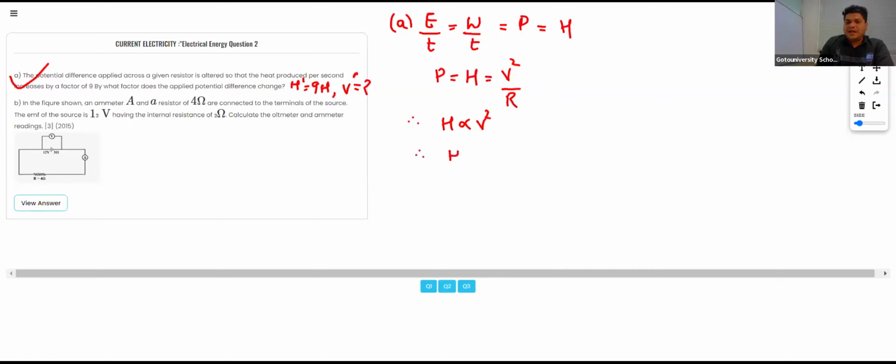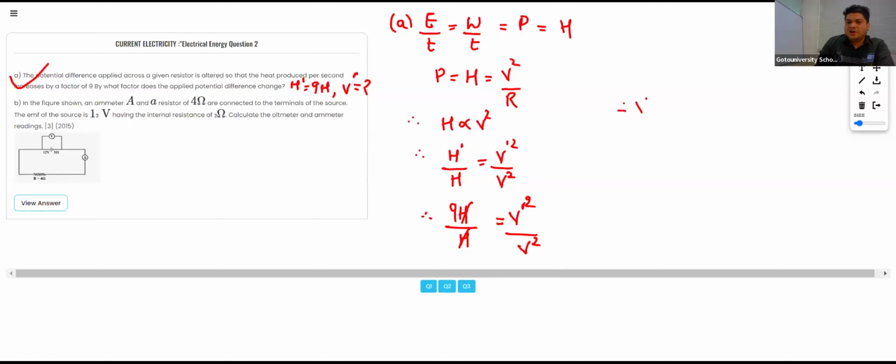So this will be H dash over H equal to V dash over V, in square. In place of H dash, you will write 9H over H equal to V dash square over V square. So H and H get cancelled.